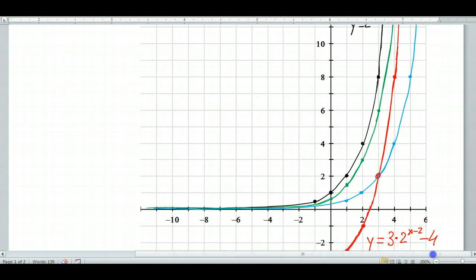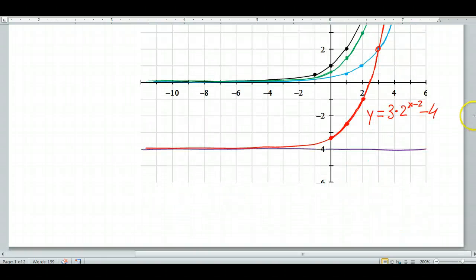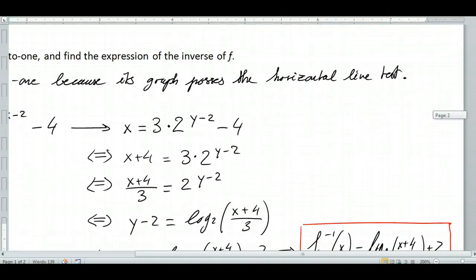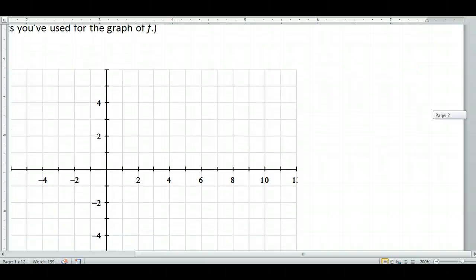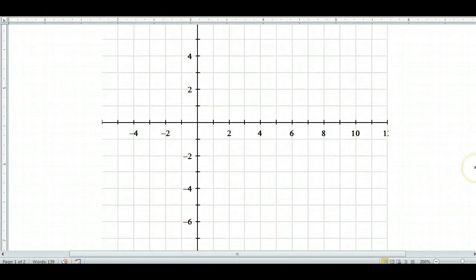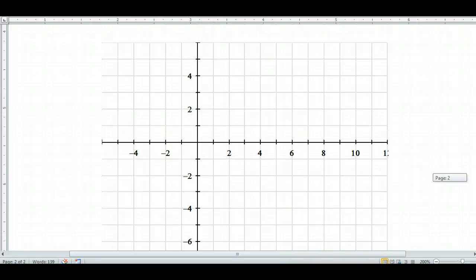And also, of course, the asymptote. Let's start with the asymptote. This is the asymptote, the equation y equals negative 4. Therefore, when I flip my x and y, or reflect across the line y equals x, it's going to become x equals negative 4, right?